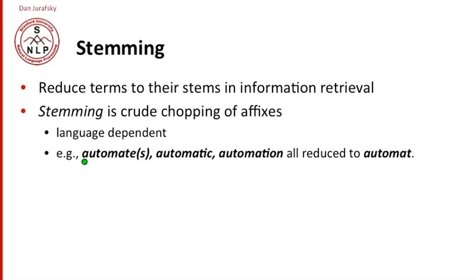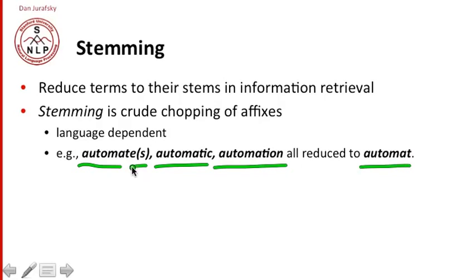So the English word automate, automates, automatic, automaton, we'd like them all to refer to the same stem, automat. So stemming is like a simplified version of lemmatization where we pick a prefix of the word, use that to represent the word, and we chop off all the suffixes that are relevant leading to that stem.